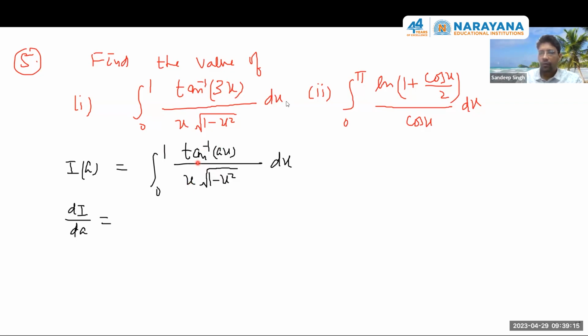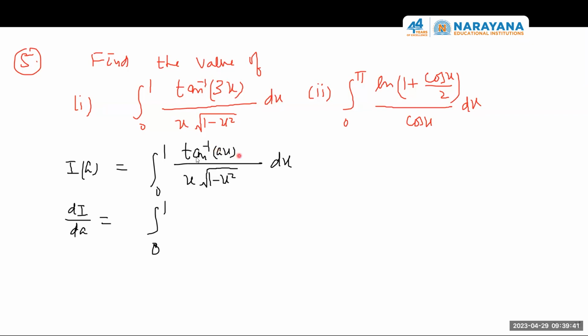Yes, this everybody knows. So what does this become? Integral 0 to 1, and this will become the derivative of this with respect to A, keeping x as a constant. When I say x as a constant, x is independent of A. It is a dummy variable of integration which is independently taking limits from 0 to 1. It has no connection with A. Are you getting the point? Everybody?